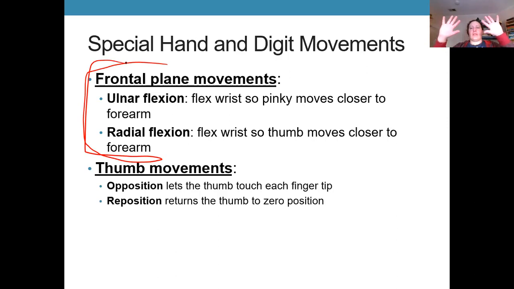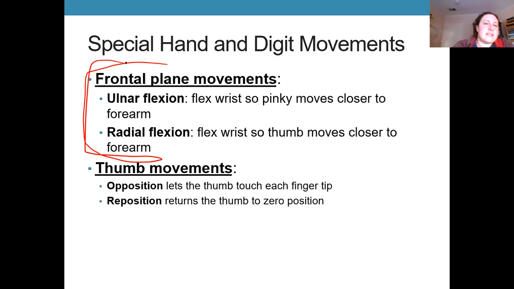So I can move my wrists like this, right? And if I am in the anatomical position where my thumbs are facing farther from my body, if I move like that, I'm abducting my hand at the wrist. And if I move them back this way, I'm adducting my hand at the wrist because I'm moving it closer to midline. But some people aren't happy with that.